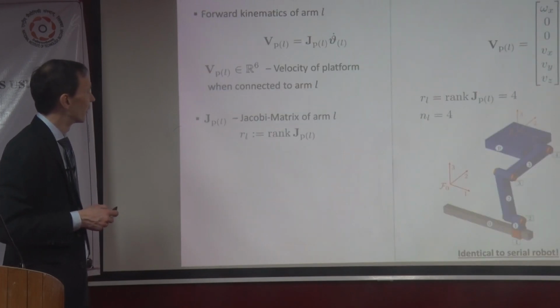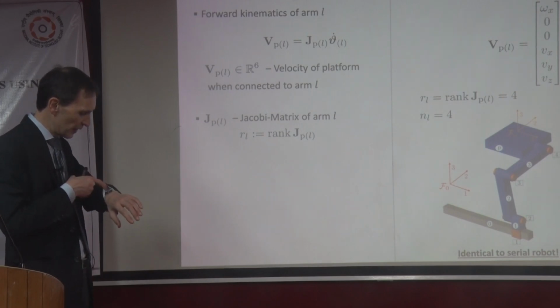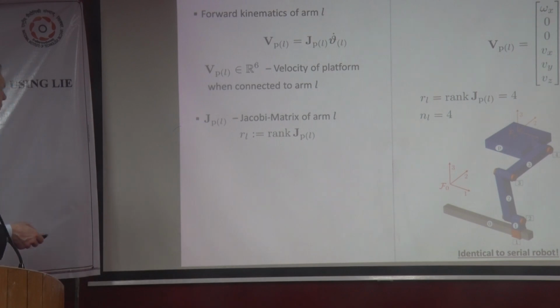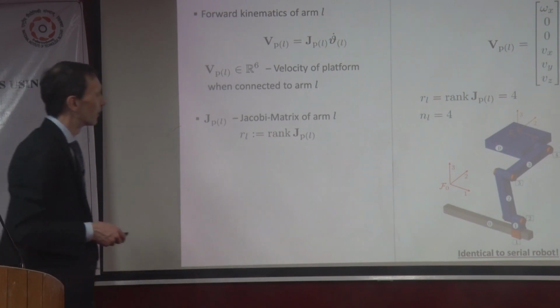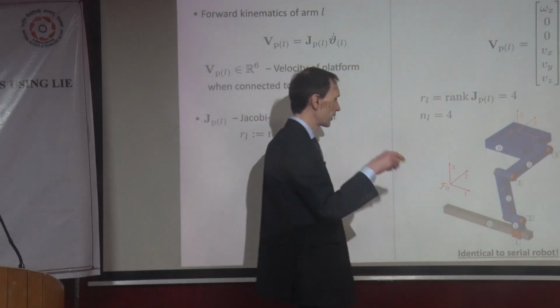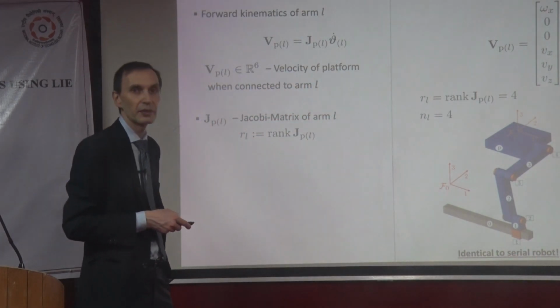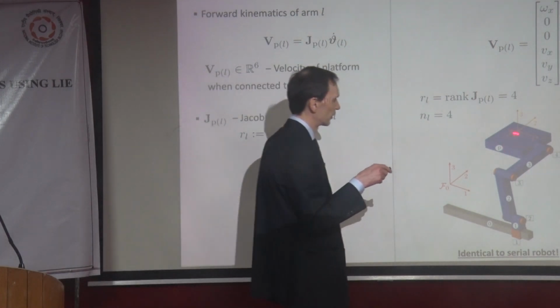Okay, good. And now comes a bit of detail, which we should maybe only go into briefly for the interest of time. Let's say we have separated this one, and let's take this 3 degree of freedom PKM as an example, okay? And look at this limb here.